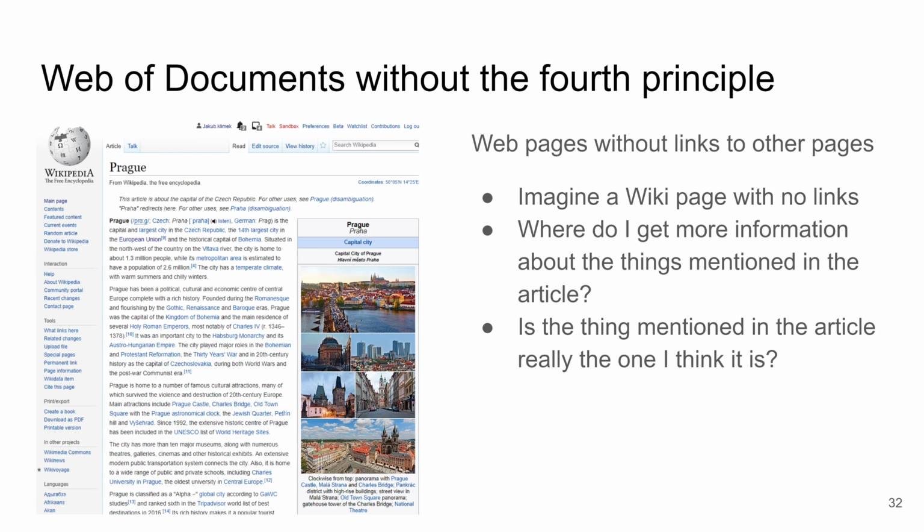So again, there will be no link, so you will again have to search for pages talking about Europe and so on. So very inconvenient, right? Without the links. But that is the state of data today without linked data. There are no links to other relevant data. There is no context.